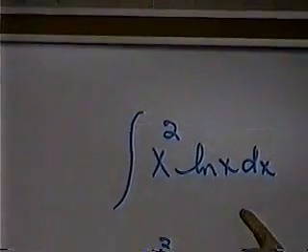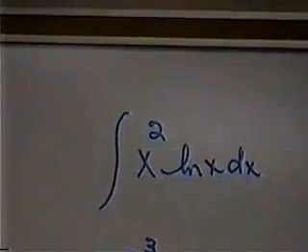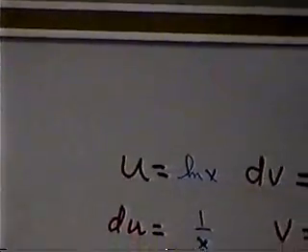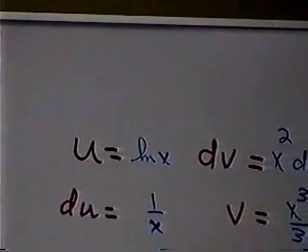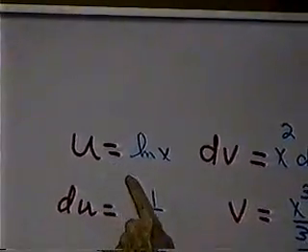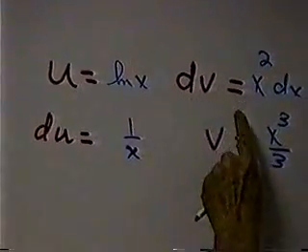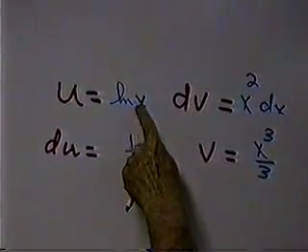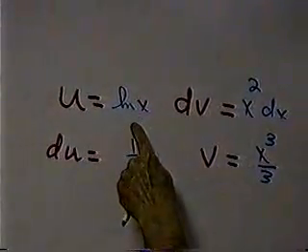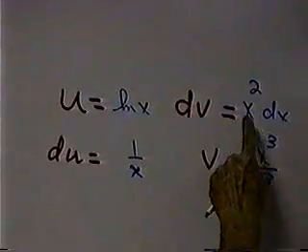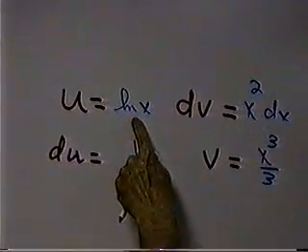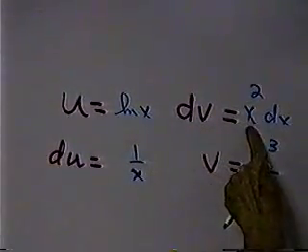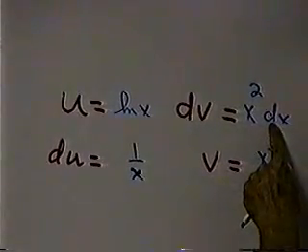Alright, so now let's look. We have x squared log of x. Looking at our u and dv, over to the side on your paper, you should write down u equals, dv equals. Remember now, log comes before algebra. L comes before A. So therefore, log goes for the u, and the x squared dx goes for the dv.